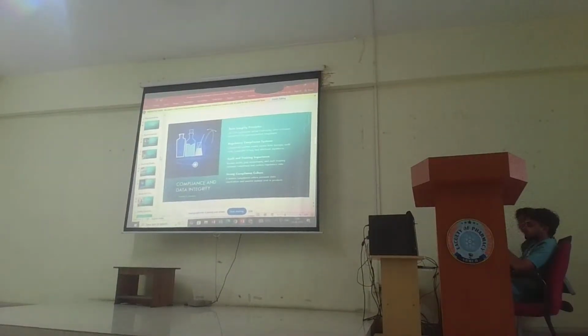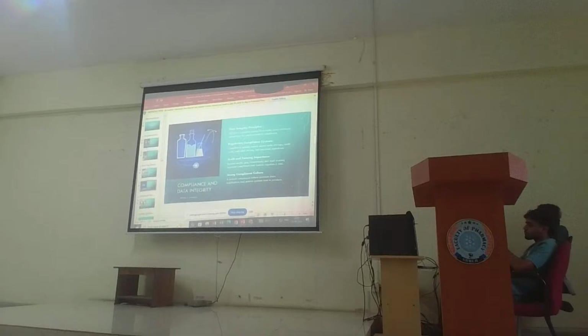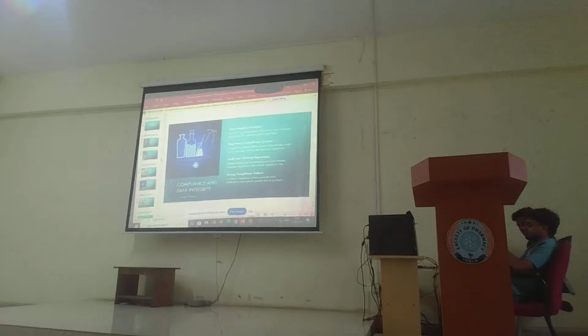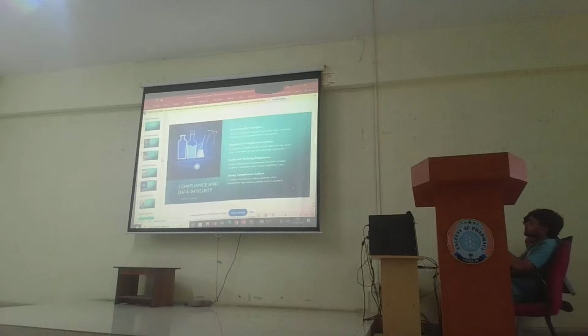Means attributable, data should be legible, then contemporaneous, whatever the details we see, be it a PLC or any lab or any instrument, the same shall be recorded to the logbooks or any test data sets without any falsifications. Then original data should be recorded, accuracy should be maintained, and complete data should be recorded.